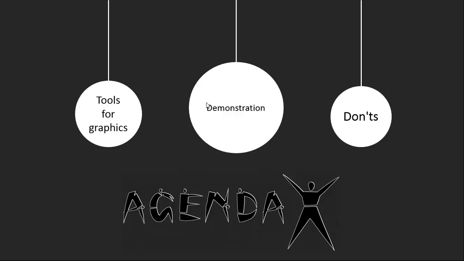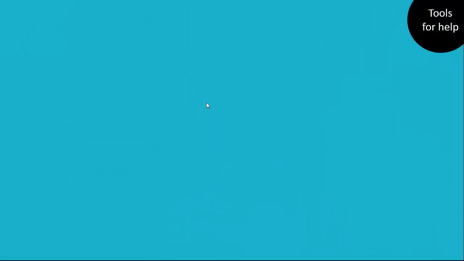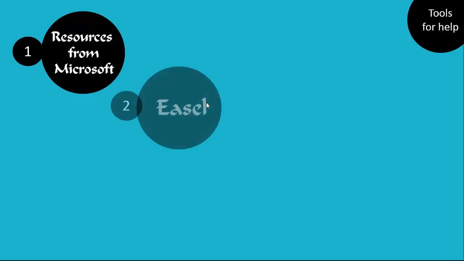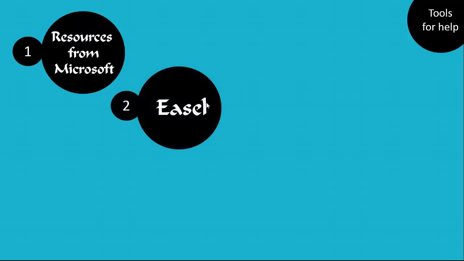So let's begin. The first tool or the first resource which I would like to share with you is a resource from Microsoft. Existing templates which Microsoft has pre-designed, which can be found in the PowerPoint itself. Second tool which I'll be talking about today is Easel. It is a tool to make infographics, and it's just as simple as drag and drop.